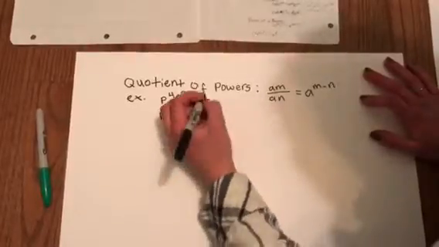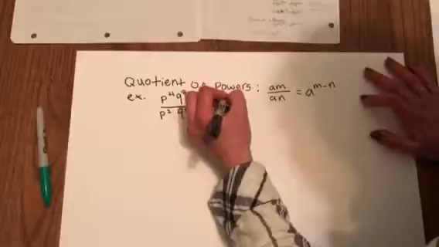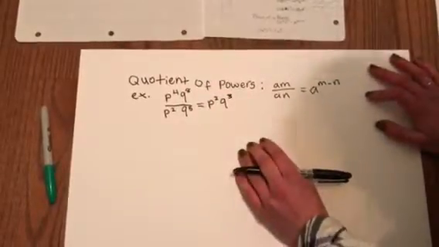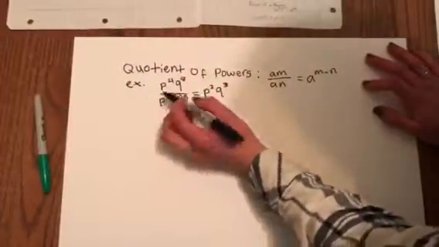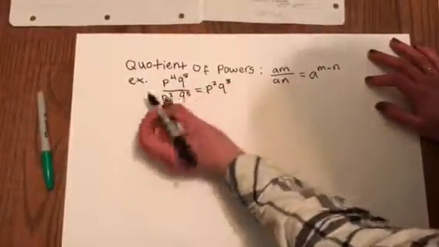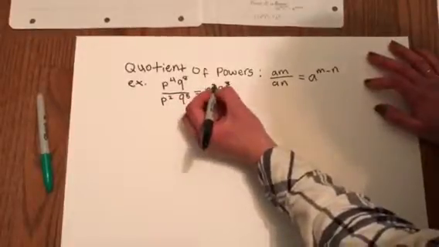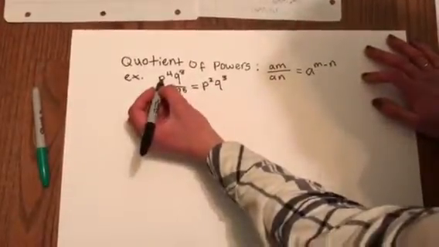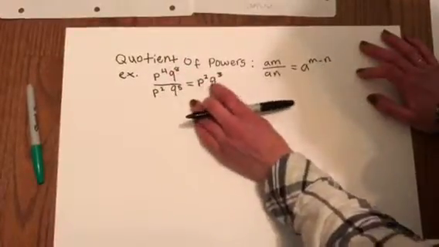This equals P to the second and Q to the third. So what I did was I subtracted P4 and P2 and I got P2. And then I subtracted Q8 and Q5 and I got Q3.